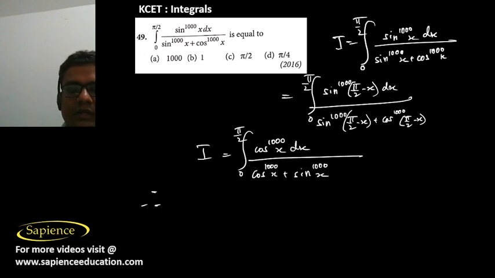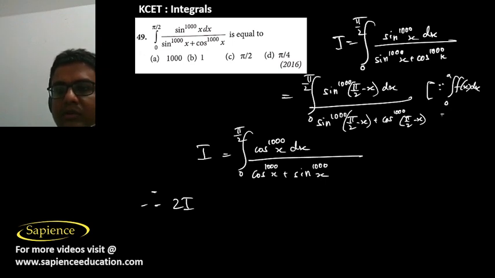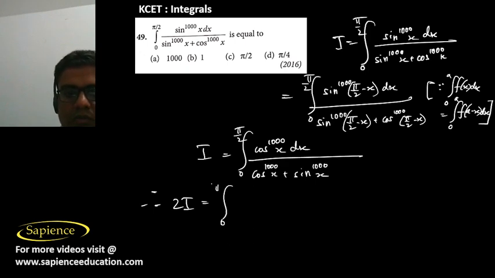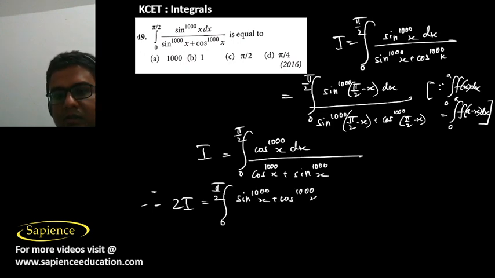So now if I add these two integrals, we get 2I. We can write like this since we know that the integral from 0 to a of f(x) dx can also be written as the integral from 0 to a of f(a minus x) dx. So 2I will be equal to the integral from 0 to pi by 2 of (sin^1000 x plus cos^1000 x) by (sin^1000 x plus cos^1000 x) dx.